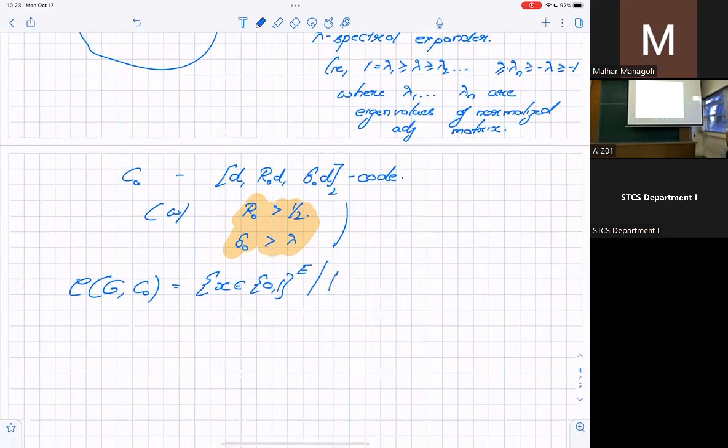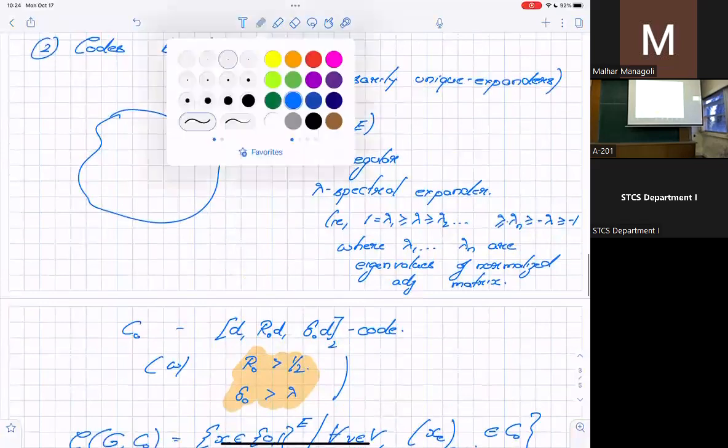We said that for all vertices i, if you look at X_e, for the D edges e incident on i, this D length vector should be a member of C naught.